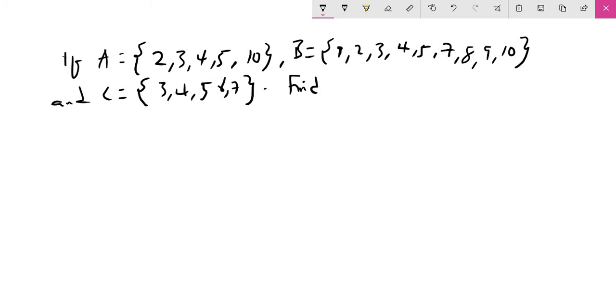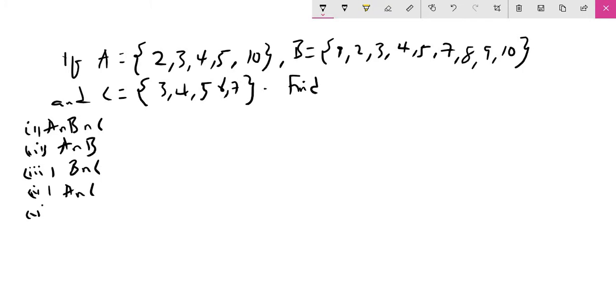Find 1, A intersection B intersection C. 2, A intersection B. 3, B intersection C. 4, A intersection C. 5, A intersection B union C.